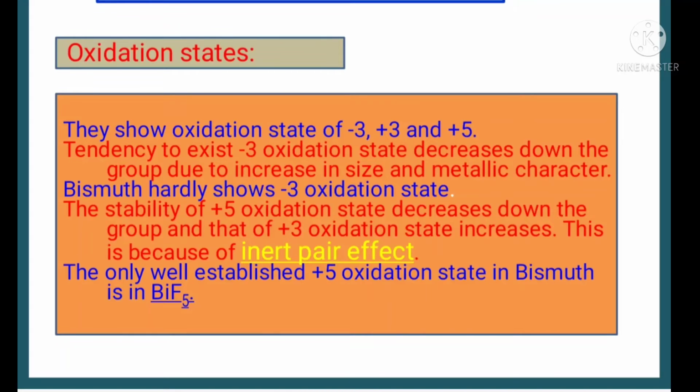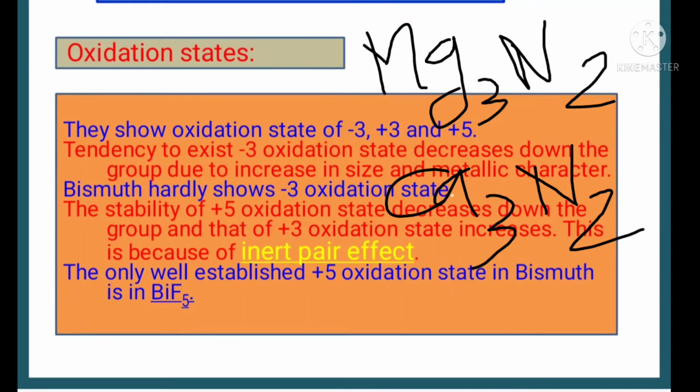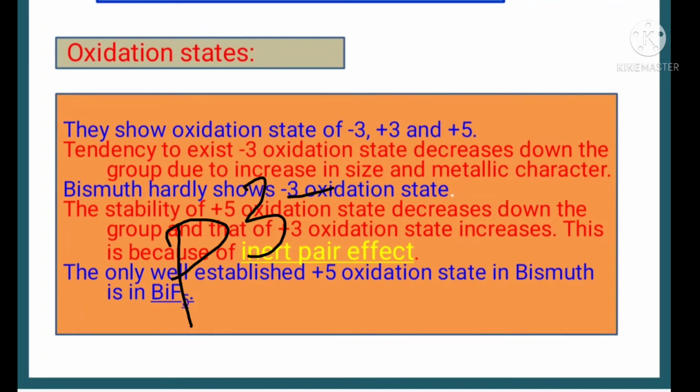Phosphorus can also form a tri-negative ion to some extent. The nitride ion N3- is present in metal nitrides such as Mg3N2 and Ca3N2.